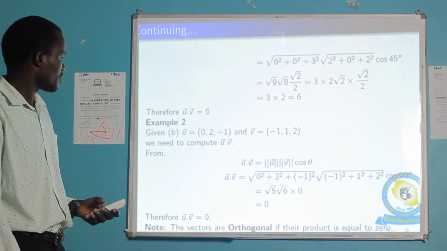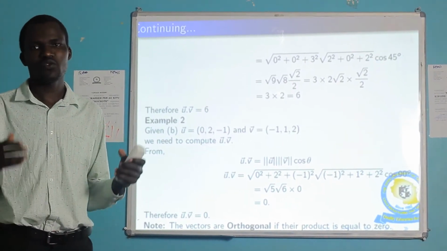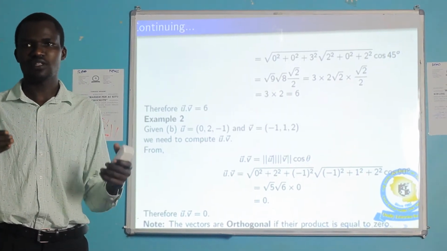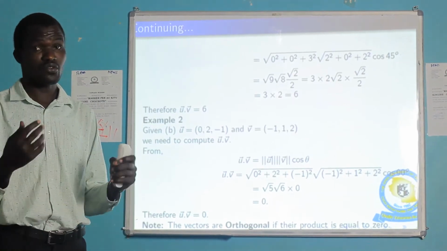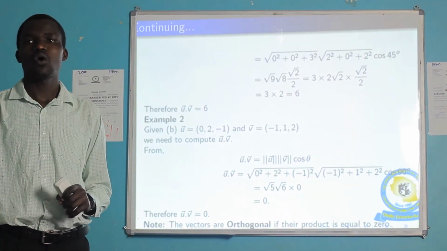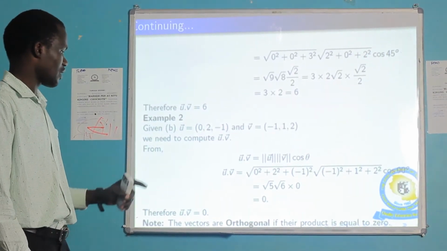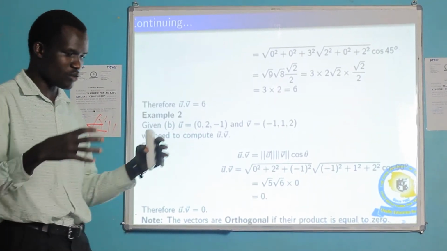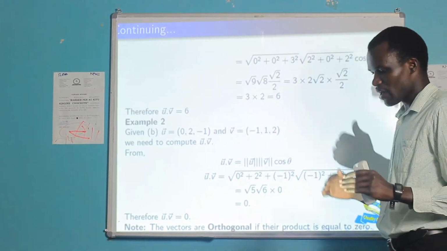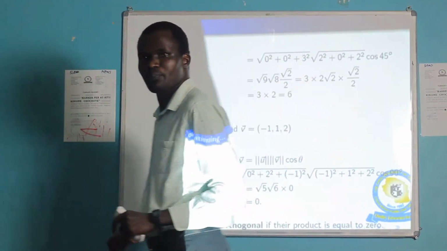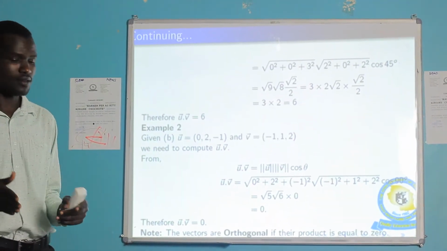I want to remind you one thing: if you take the dot product of two vectors and it gives you 0, those two vectors are called orthogonal vectors. It means the two vectors are perpendicular. They make a 90 degree angle between them.